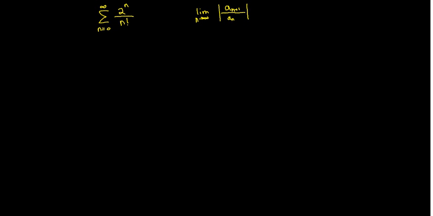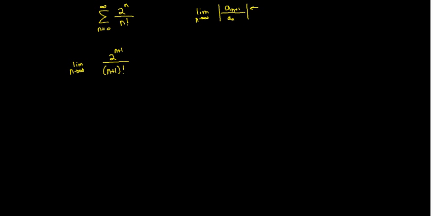So first I have to plug in n plus 1 into everything, so it'll be 2 to the n plus 1 over n plus 1 factorial. I'm taking the limit as n approaches infinity. Now I need to divide that, make a ratio, divide that by a sub n.